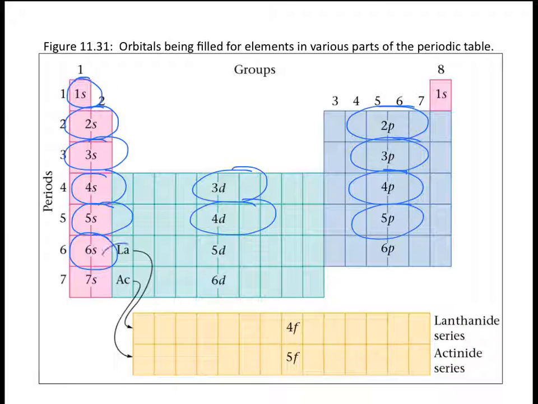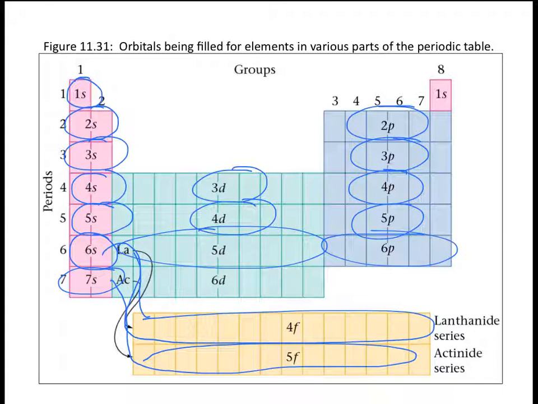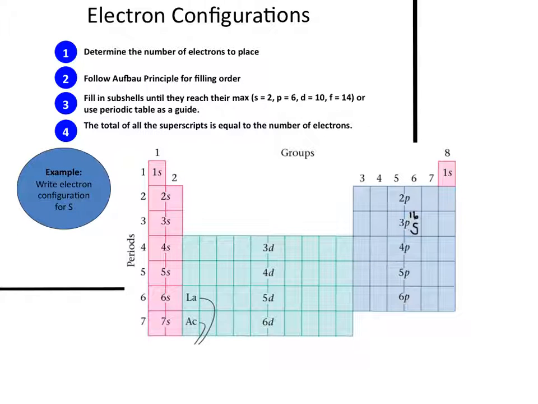Remember that we are moving down into the F block, so then we have 4f. We move back up: 5d, 6p, 7s. We're going back down into the F block: 5f, back up, 6d, and if we had any more elements at this point in time, we would go to 7p.